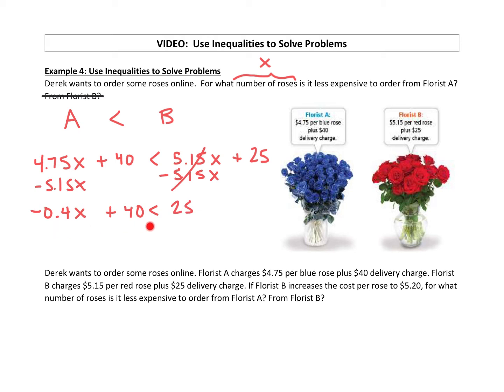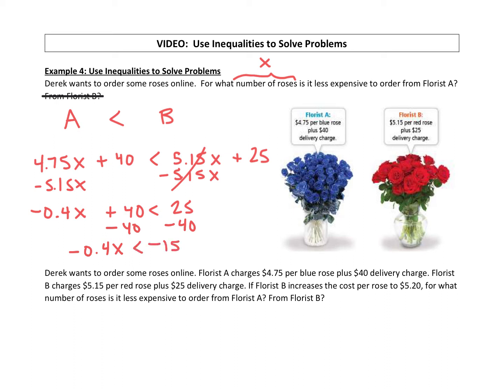All right, we got a two-step inequality. This plus 40 is going to the other side first. We're going to subtract 40 from both sides. So we have negative 0.4x, oh, not equals, I caught it, is less than 25 minus 40, which is negative 15.